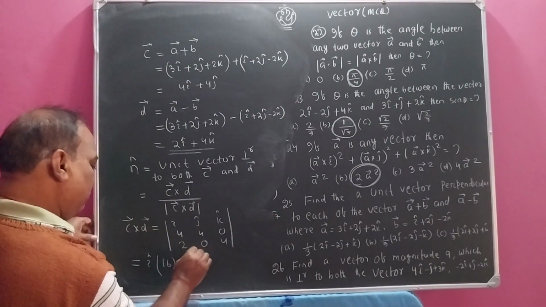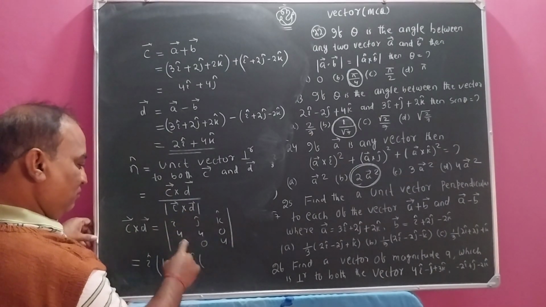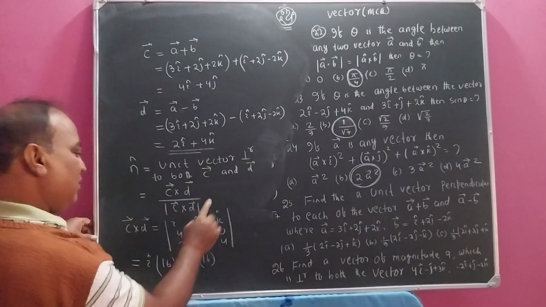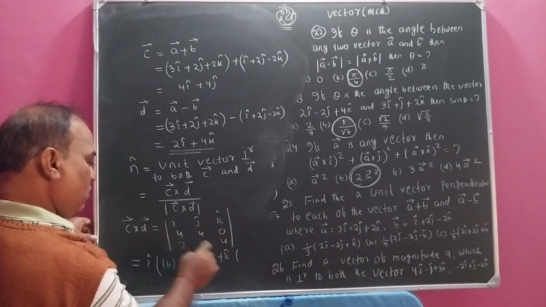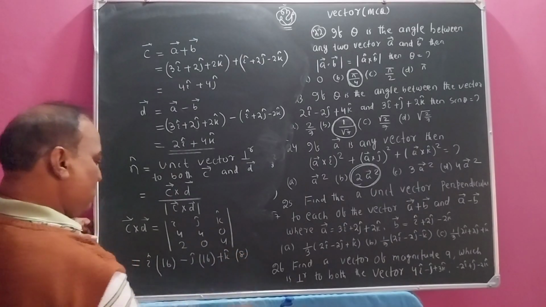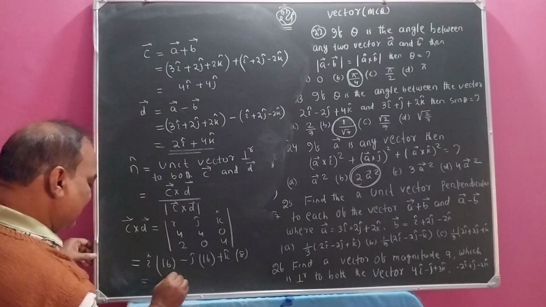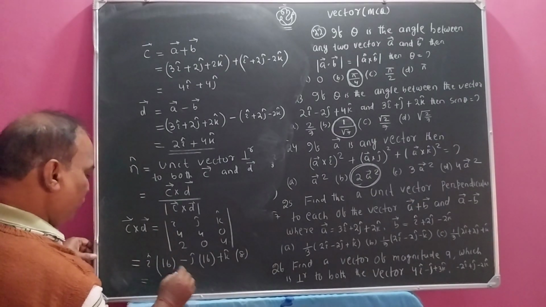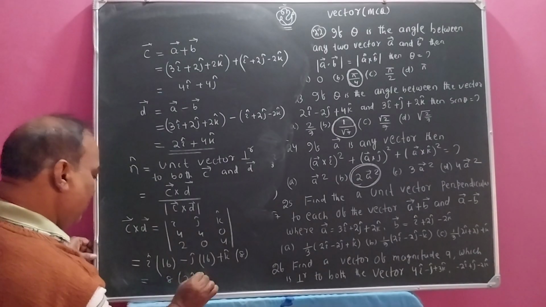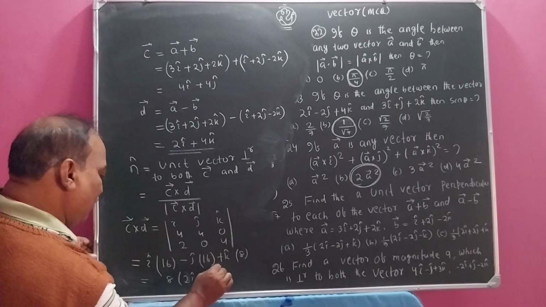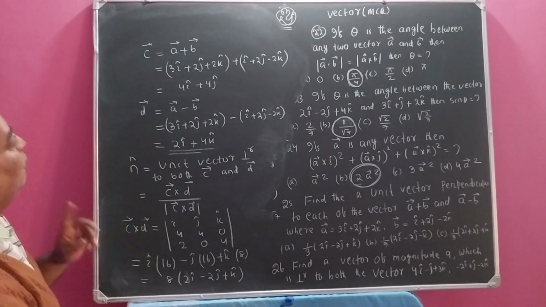Then minus j cap: this into this, it is also 16. Plus k cap: 0 minus 8. Okay, so 8 is taken common. Here it is 2 i cap minus 2 j cap plus k cap. So c cross d is now coming out.